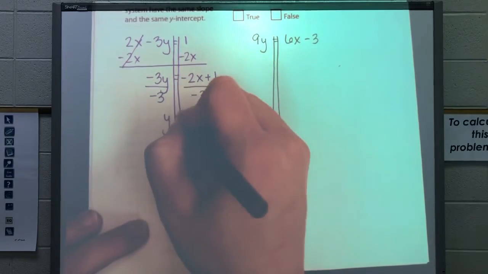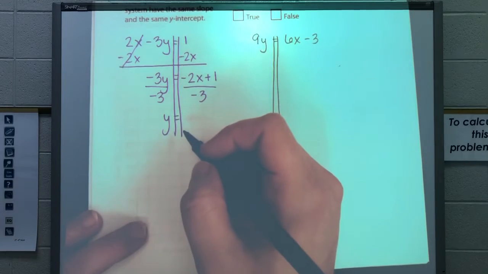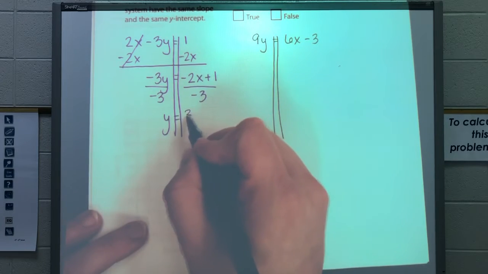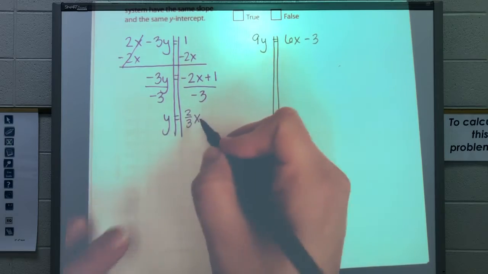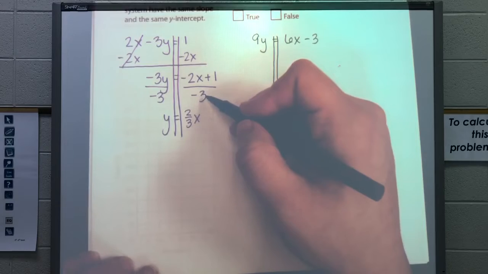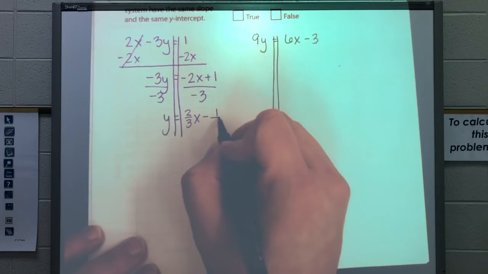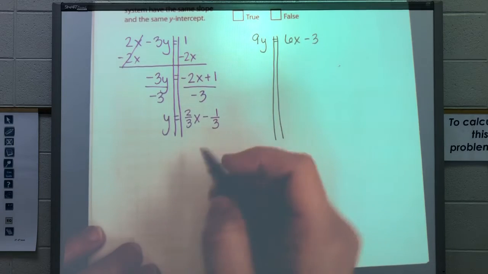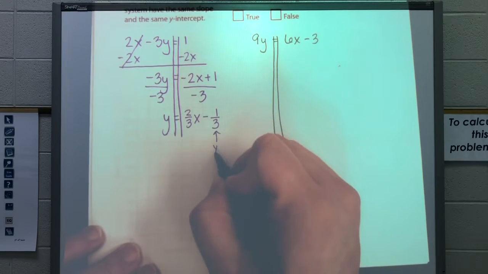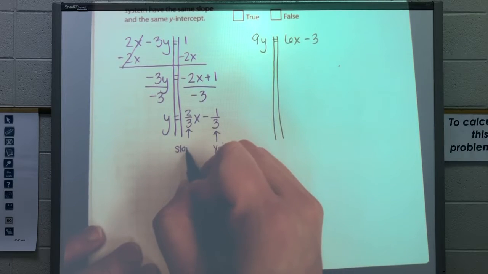So I get y equals a negative and a negative, make that a positive 2/3, and x just sticks right next to it. Positive and a negative, make that a negative. So let's write that as minus 1/3. Okay, so there is my y-intercept. There is my slope.